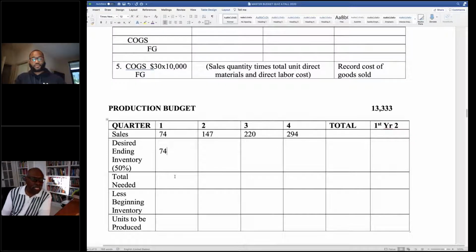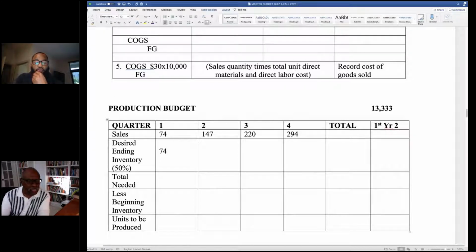So your total needed is what? Is that asking for the total needed to reach our desired goal?